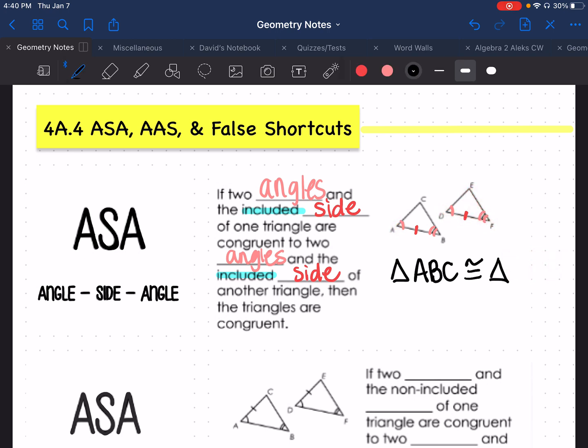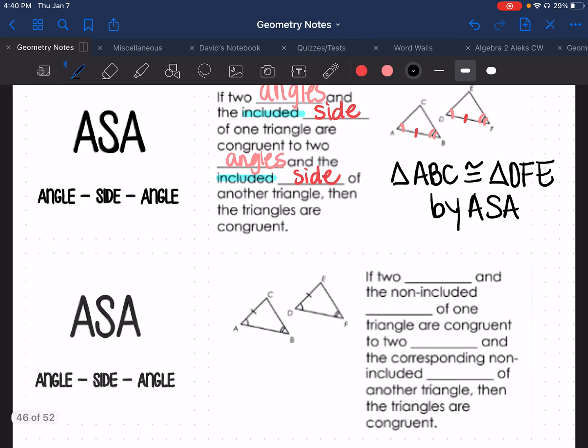So let's put D, F, E, and they would be congruent by angle, side, angle. I'm reading it in order what I see. Angle, then a side, then an angle.